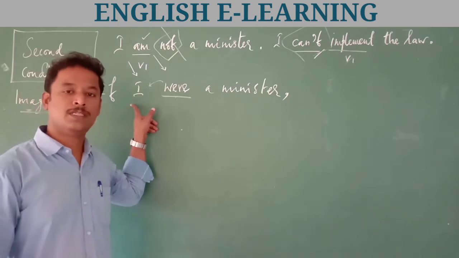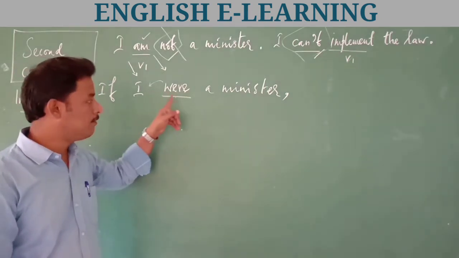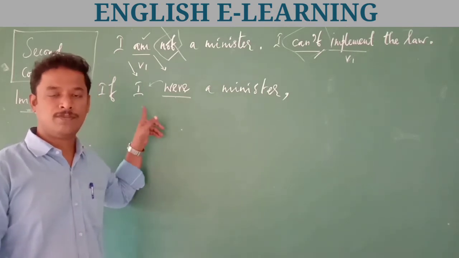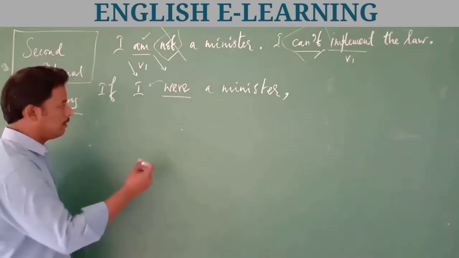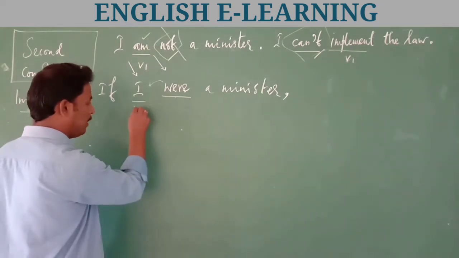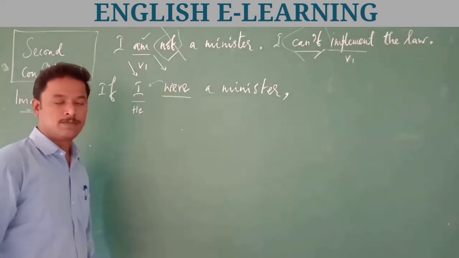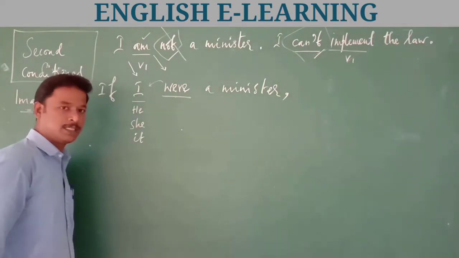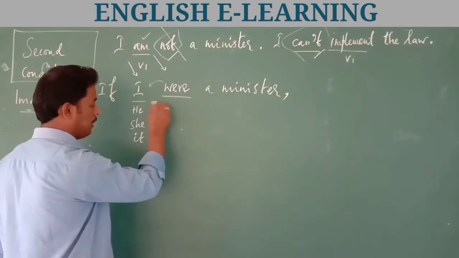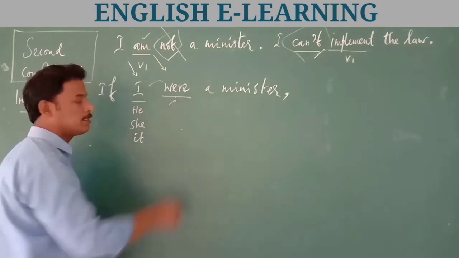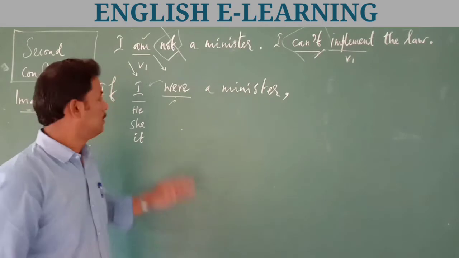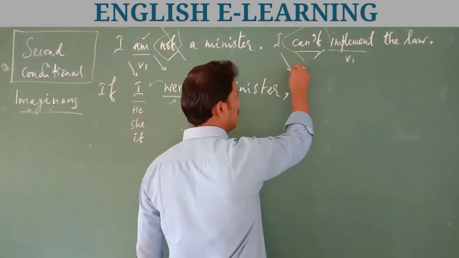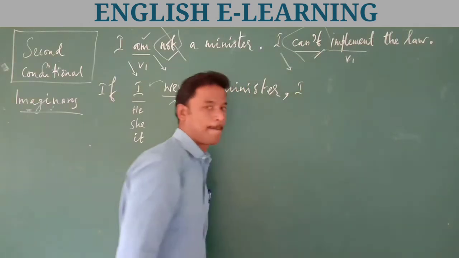Even if the subject is singular, the be verb should be plural. This is the condition. If I were, you can imagine other subjects. If you find other singular subjects like he, she or it, whatever it is, the verb placed after these singular subjects is were. Okay, so if I were a minister, again bring the next subject I.